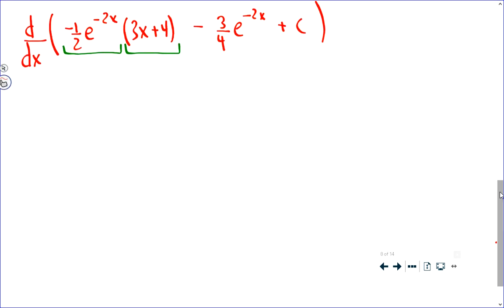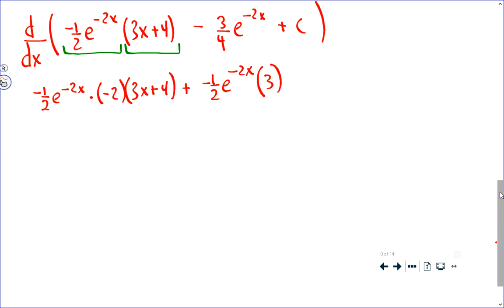All right, so what is the derivative of the first? It will be -1/2 e to the negative 2x multiplied by -2, which is the derivative of the argument on the base e function, times the second, which is 3x plus 4, plus the first, which is -1/2 e to the negative 2x multiplied by the derivative of the second, which is 3.